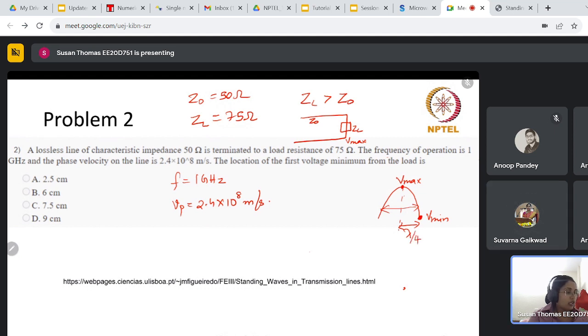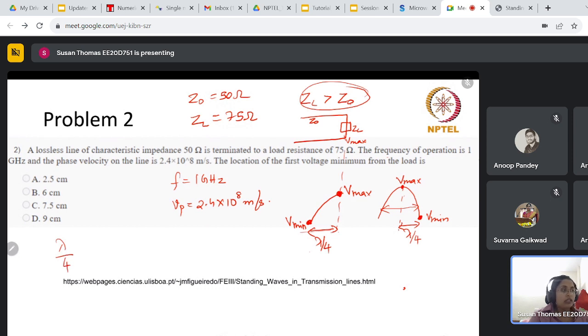As I told before, whenever load impedance is greater than characteristic impedance, at the load end you have a V max. From the load at a lambda by 4 distance, you will definitely have a V min. So the idea is to calculate this lambda by 4.